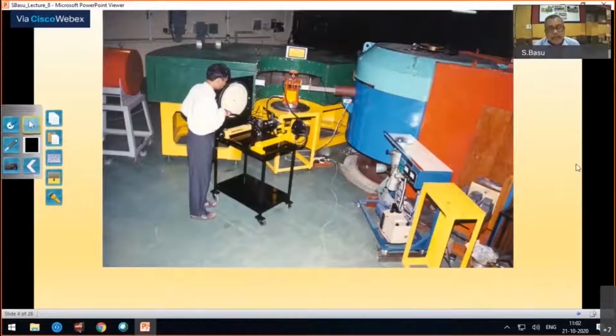This is the liquid and amorphous diffractometer, LAD, in Dhruva reactor, but similar instruments are available in all the major neutron sources. Here you are seeing it from the other side.